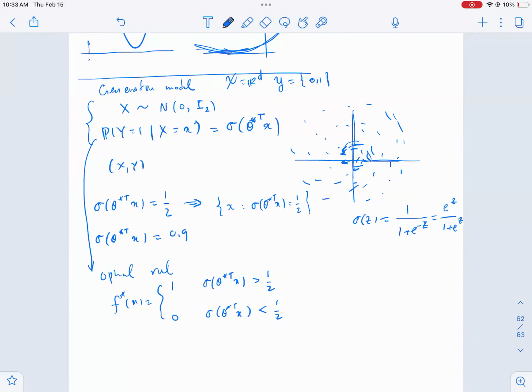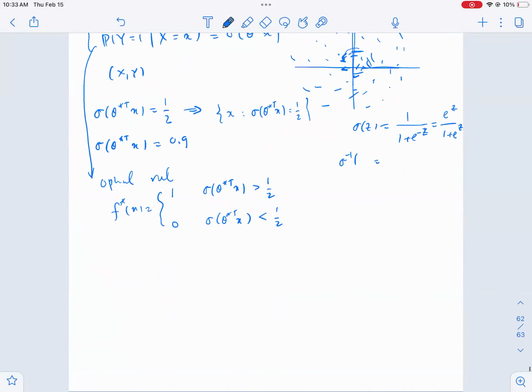Then sigma inverse, which we implicitly figured out, I apply to p because it has the interpretation: sigma maps logits to probabilities, and sigma inverse pulls them back from probability to logits. So this is log of p over 1 minus p. This is the inverse of that function, so sigma inverse of sigma of z is z. You can easily convince yourself. So the sigmoid has the logit, the log odds, as its inverse.